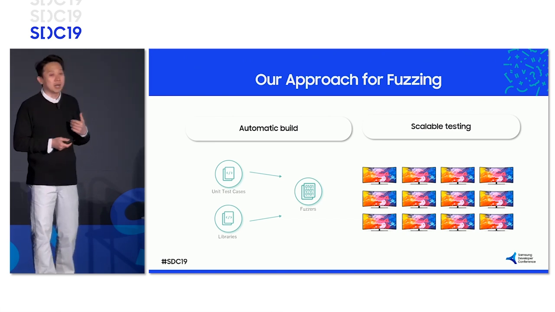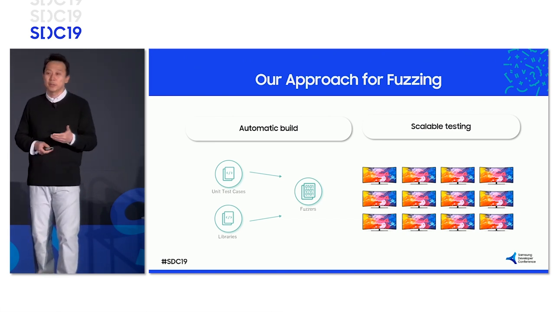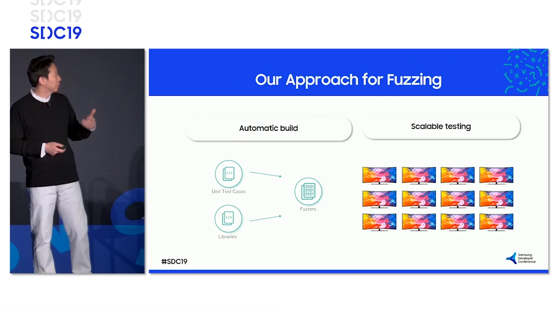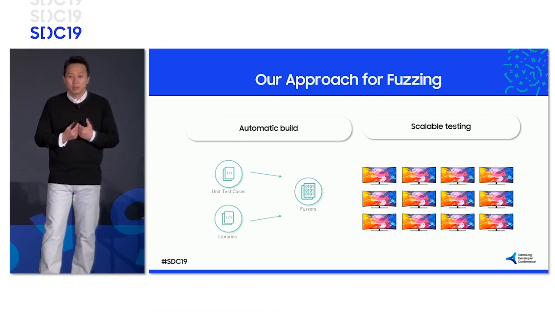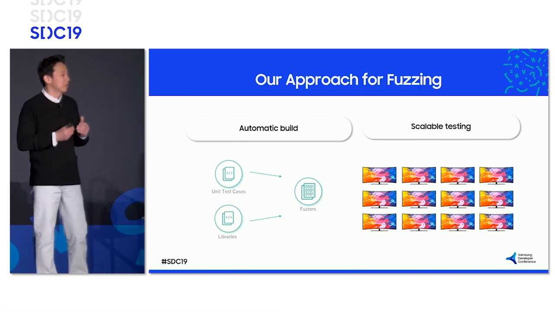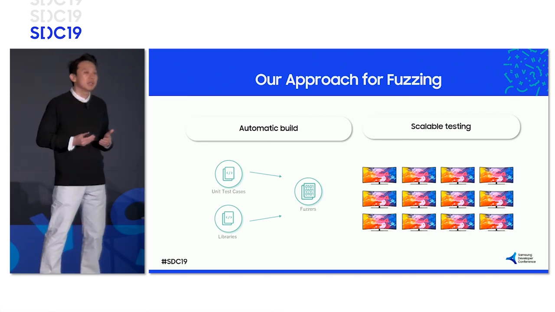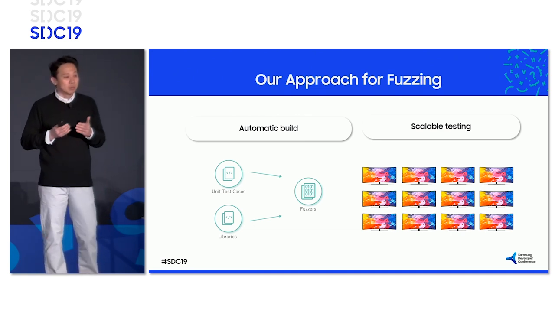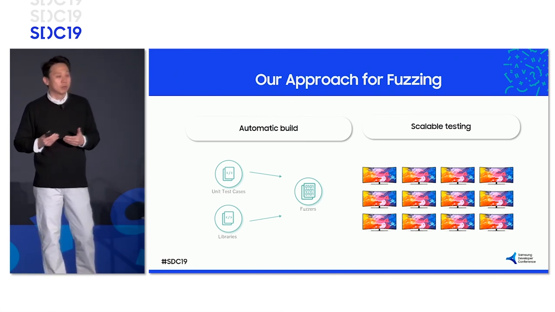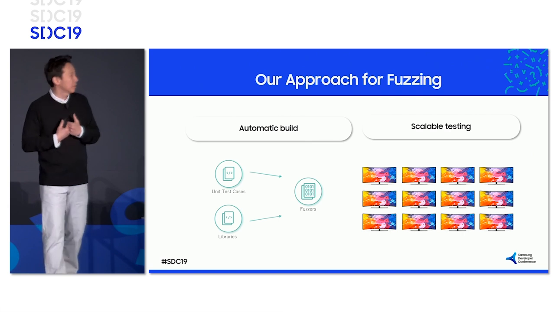In our company, to release software or apply software to our device, all developers write unit test code to cover more than 90% of lines of code. So it means we can already traverse over 90% of our software.